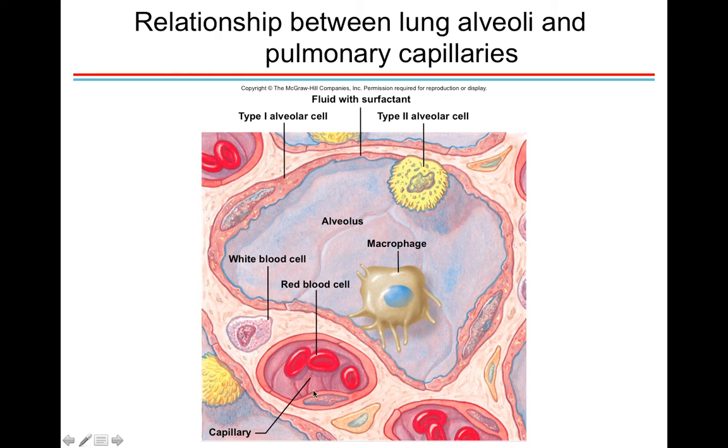They're very, very close to allow the rapid diffusion of oxygen going from the alveolus to the capillaries. And then we have the rapid diffusion of carbon dioxide from the capillaries into the alveolus. So this exchange happens right in the alveolus. And of course, there are millions of them, so it's happening in alveoli.